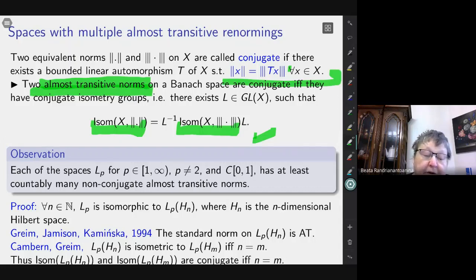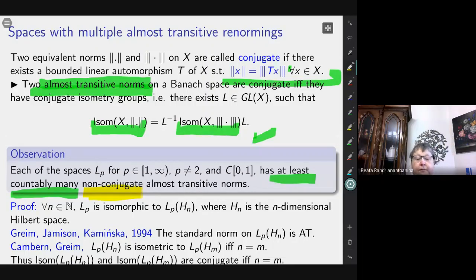I want to talk about spaces LP, which we know are almost transitive. And I am saying that this space LP has at least countably many non-conjugate almost transitive norms. So this is maybe surprising, but it's not really.